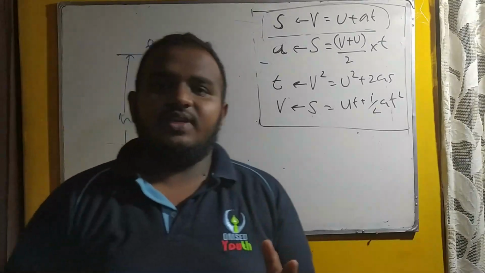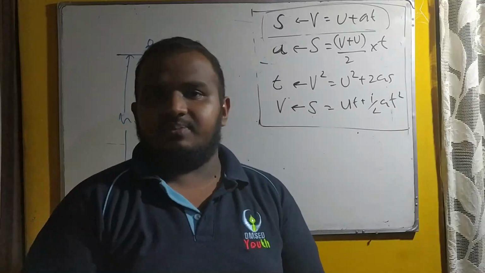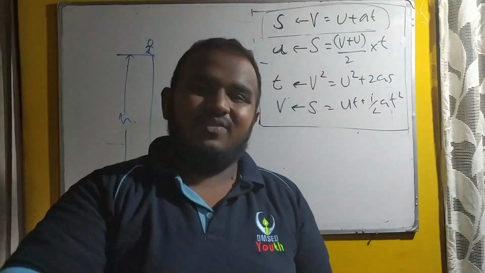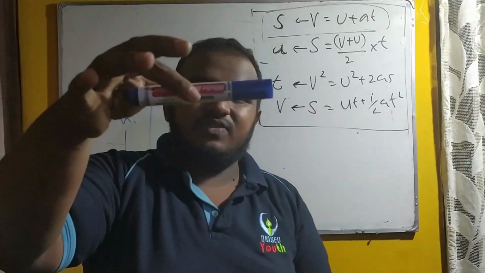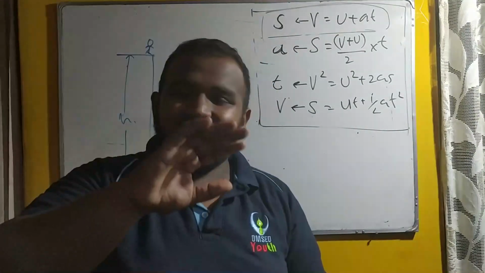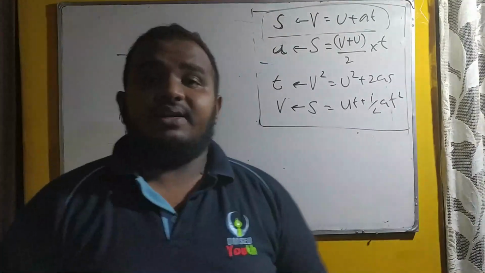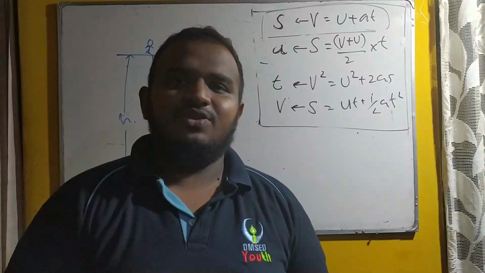The difference between leaving an object and throwing an object is very simple. Whenever you leave an object, the initial velocity will be 0. But throwing is a bit different.